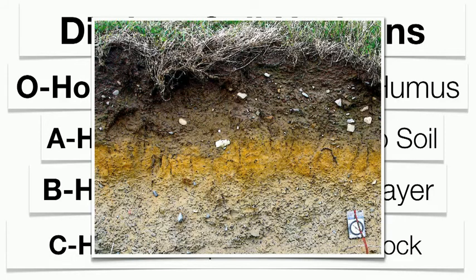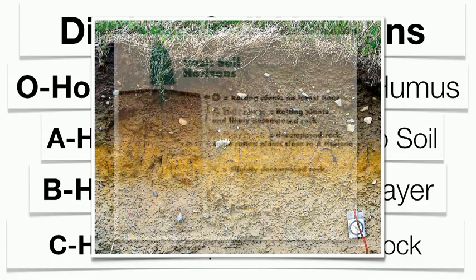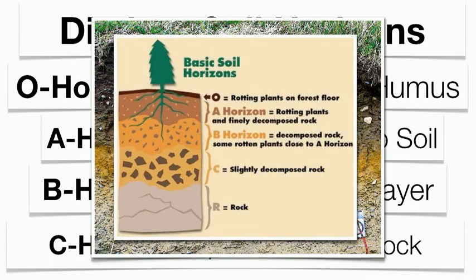It looks like you have definitely three distinct layers in that particular picture, and you'd be able to identify the different horizons. And here's just an artist rendition of some of them as well. In this case, they go O, A, B, C, and then they also include R in there as well. So depending on the detail of the diagram, that will give you an indication about how many horizons you need to know. But for Regents purposes, the O horizon is by far the single most important.